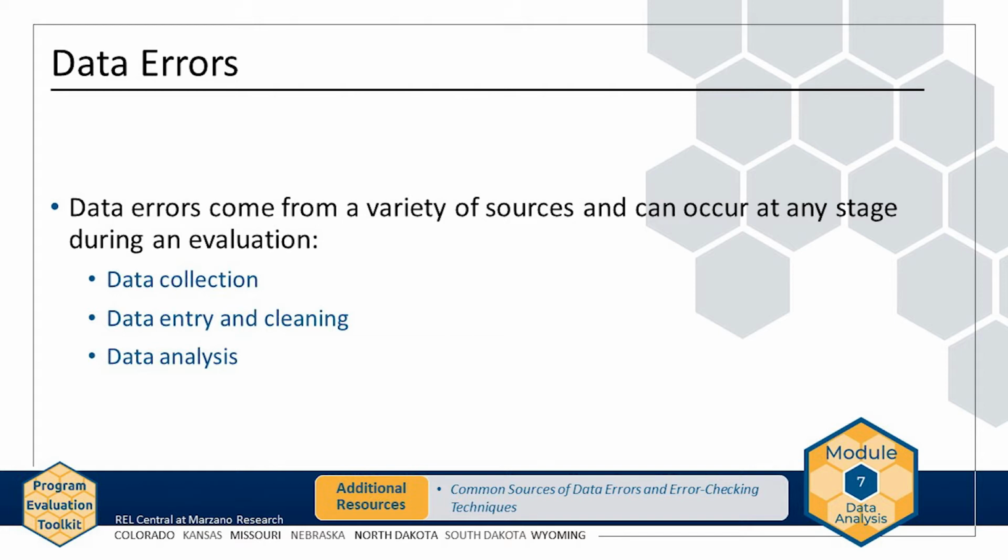To better understand data errors, review the handout Common Sources of Data Errors and Error Checking Techniques, available on the resources page of the website. In Chapter 2 of this module, you will review some examples of data errors and learn how to check for errors and correct them.